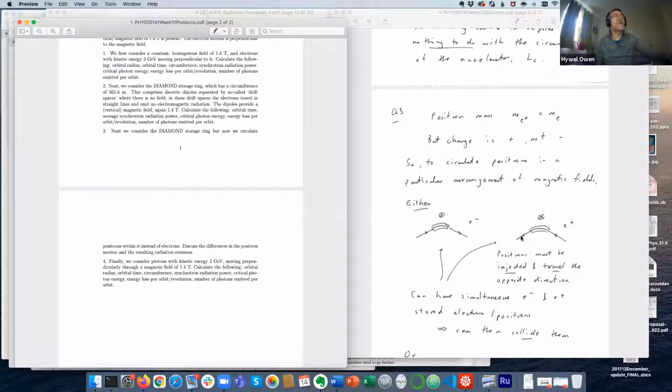So you can see it's perfectly possible to have the same magnetic field simultaneously bending electrons clockwise and bending positrons anti-clockwise. So I can have simultaneously stored electrons and positrons passing by each other, but going in opposite directions.